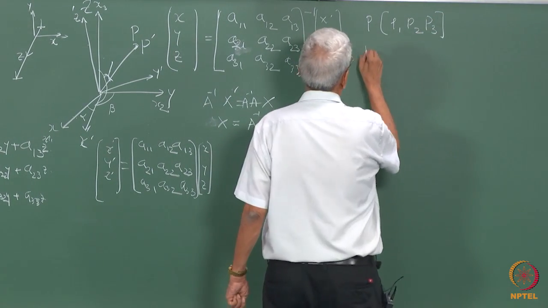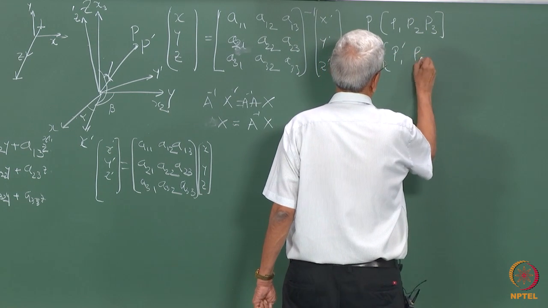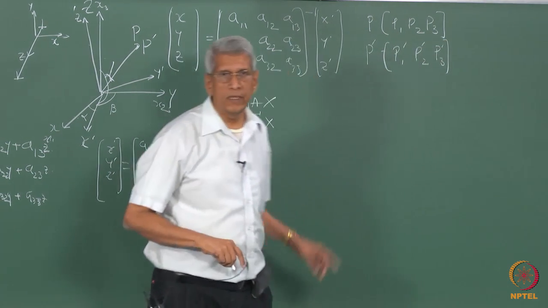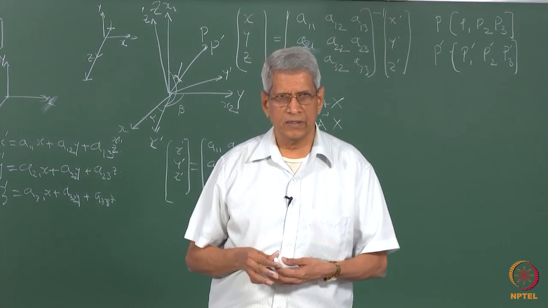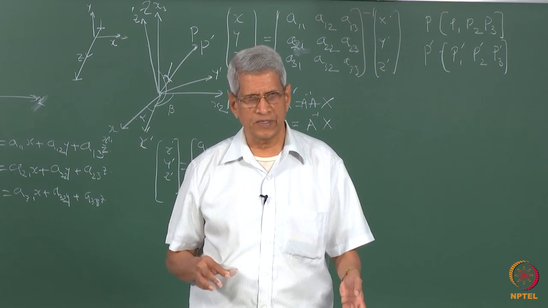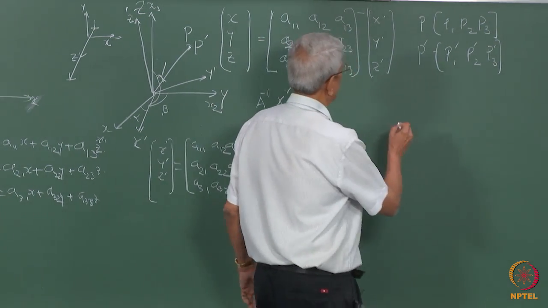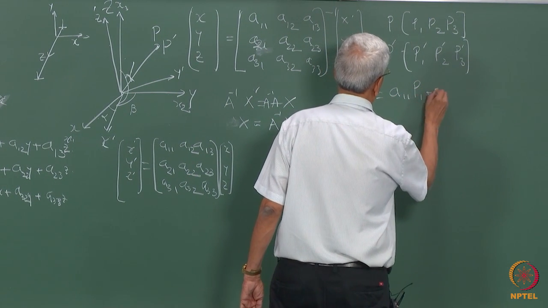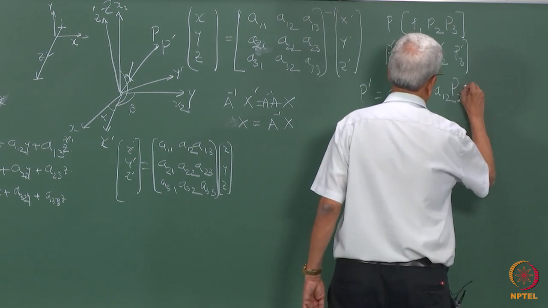Similarly, P dash can have components P1 dash, P2 dash, P3 dash. These components transform exactly like the rotation of coordinates we have considered here, the same way. So P dash will be equal to P1, A12 into, I am just writing the final result, but you people can work it out.